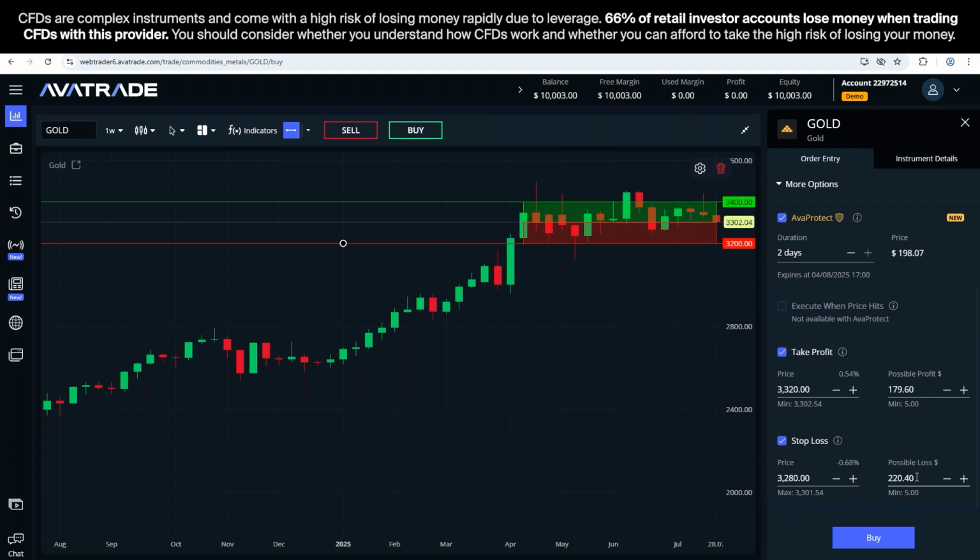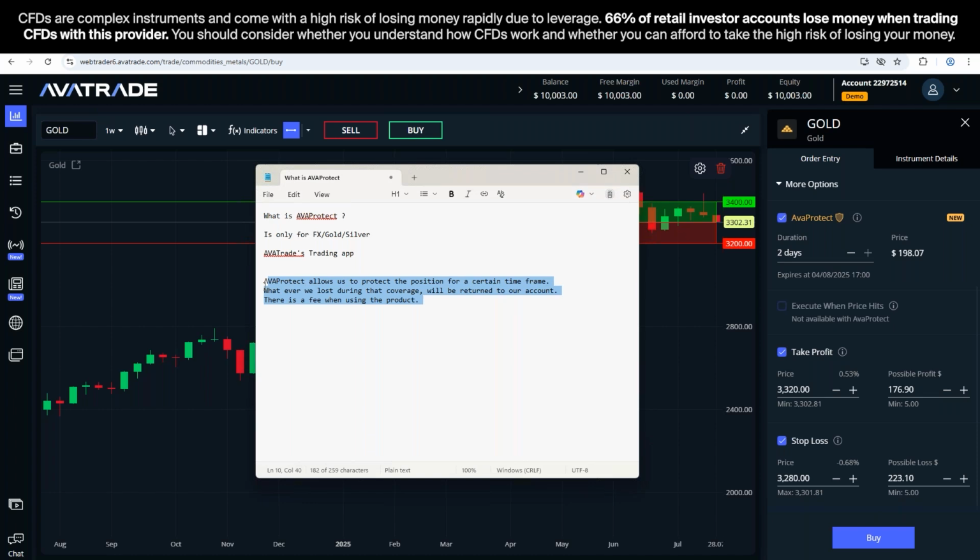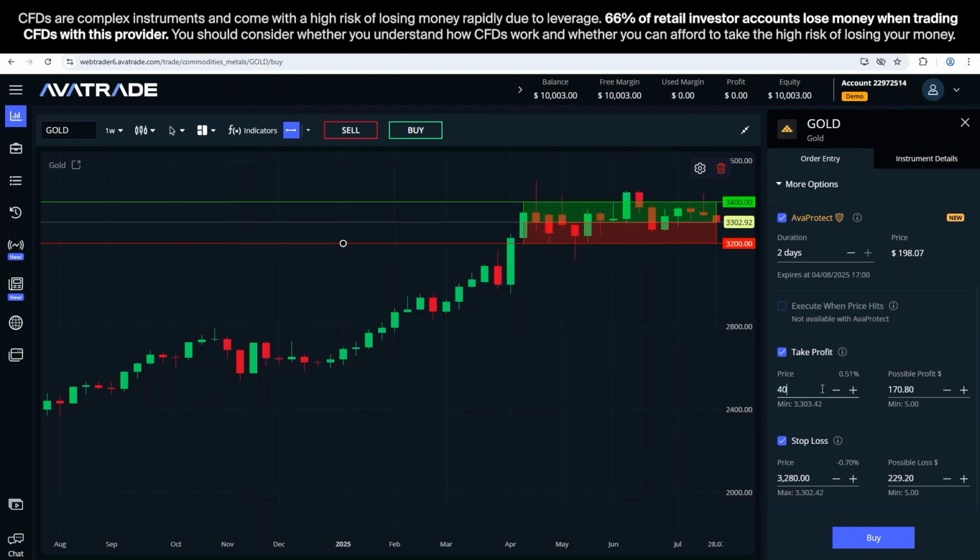And the possible loss is almost as much as the fee. So this comparison shows us what happens if I wouldn't measure. Because what am I using this product for? To protect the position and get my losses back. So the proportion between the fee that I'm paying and what I'm aiming to make or lose needs to make sense.